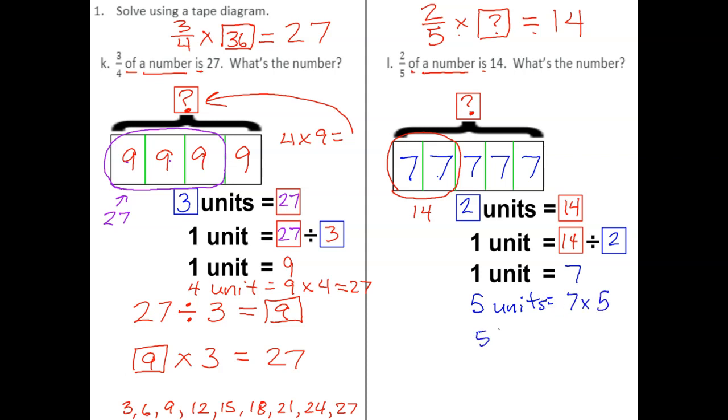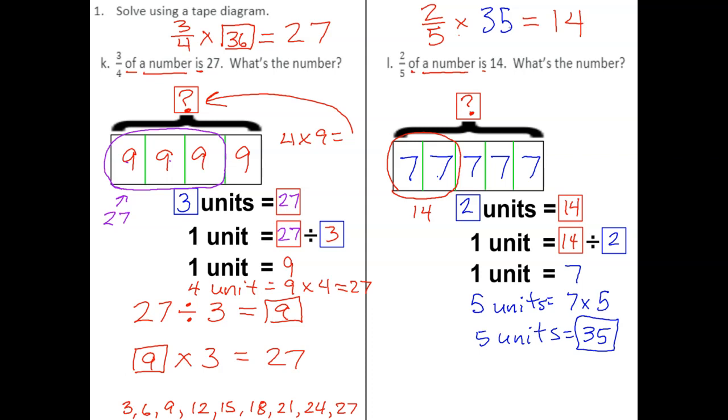So 5 units equals what? Hopefully you said 35. So this number here is equal to 35.